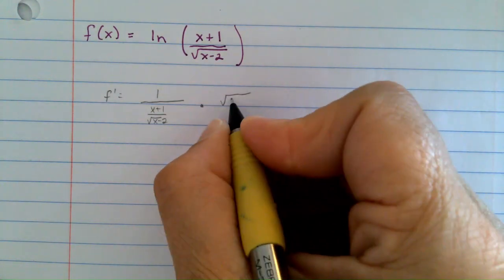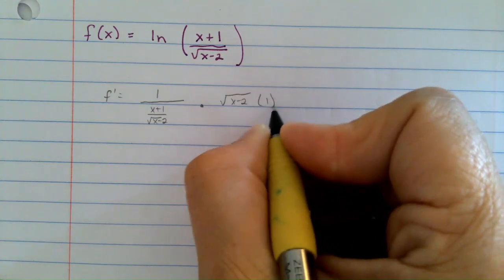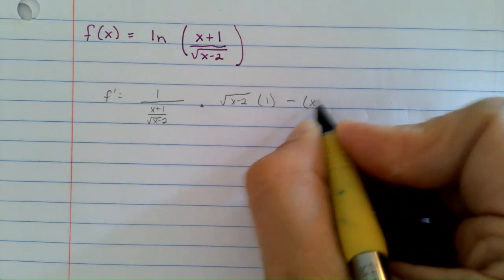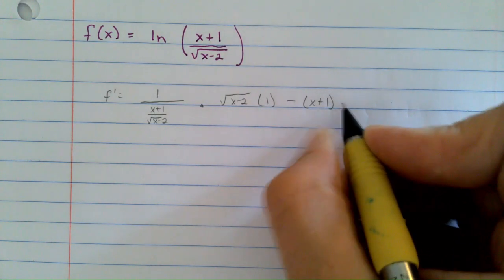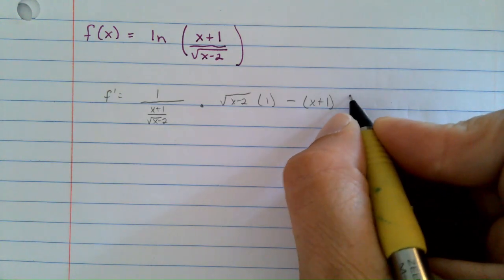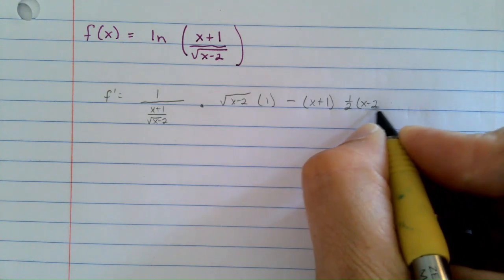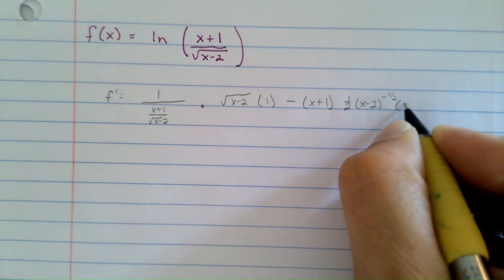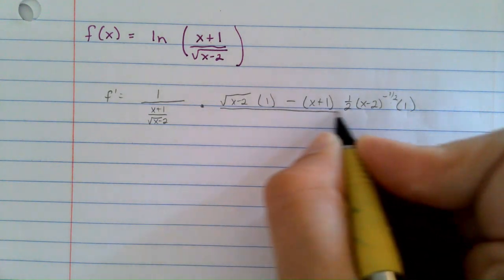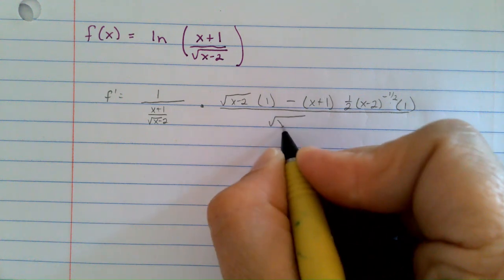So low d high minus high d low, and that would be 1/2 x minus 2 to the negative 1/2 times 1, all over the low part squared.